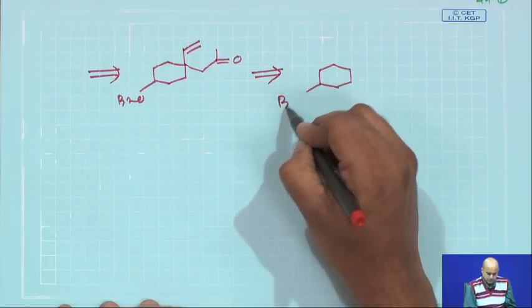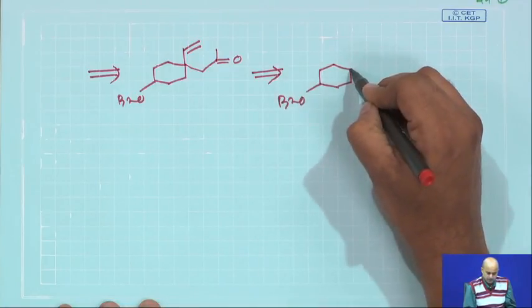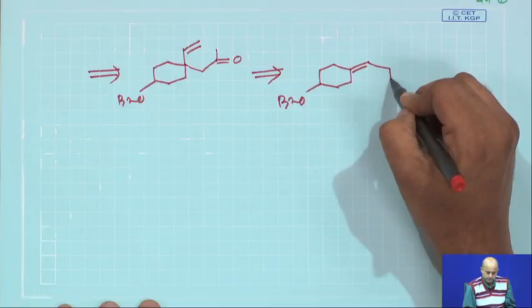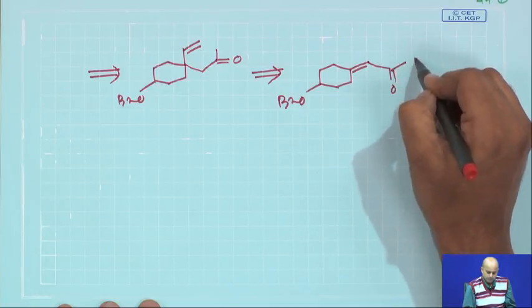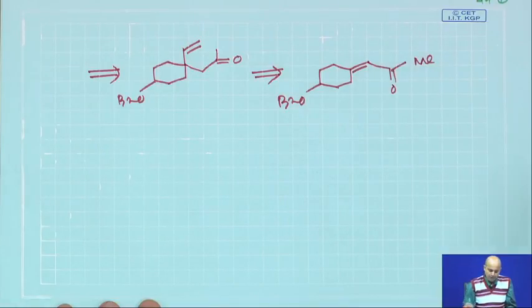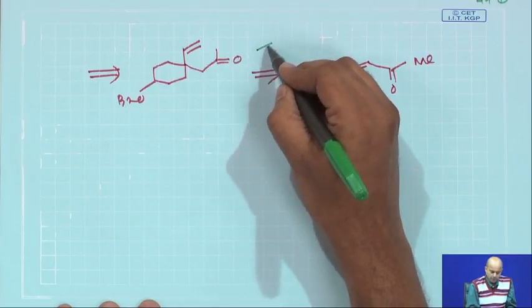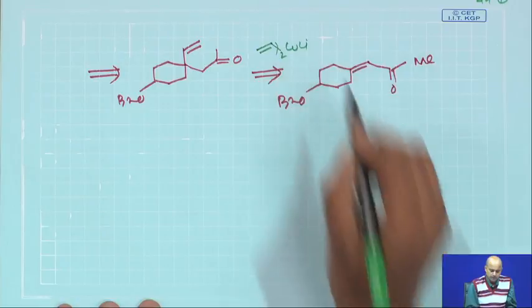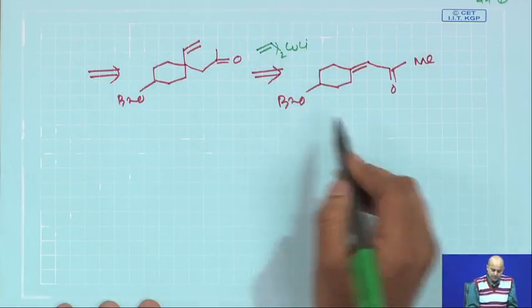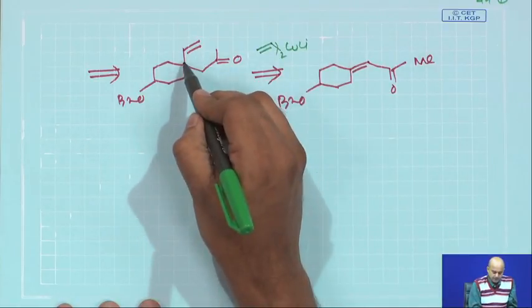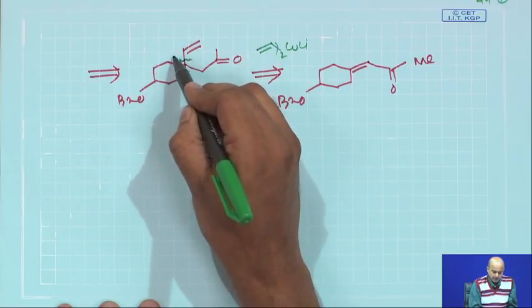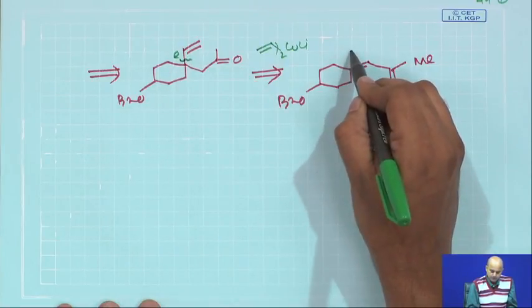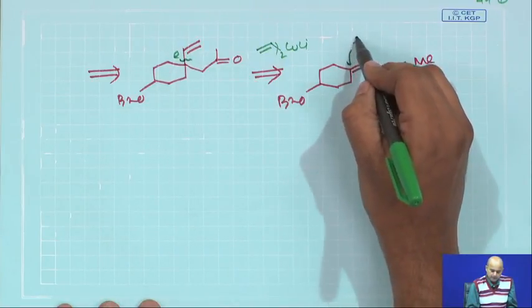Now, the next retro will be clearing all your doubts. We are now saying that if you have this compound, you can do another round of vinyl copper lithium through a Gilman reaction. Now, what bond are you basically making? This bond is basically an exo bond. So, you are basically making an exo bond.